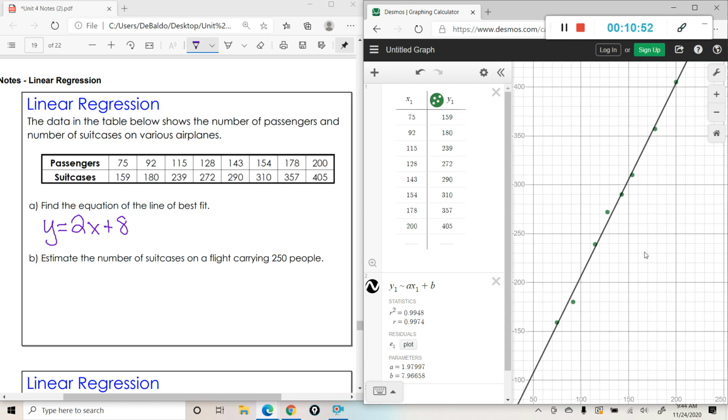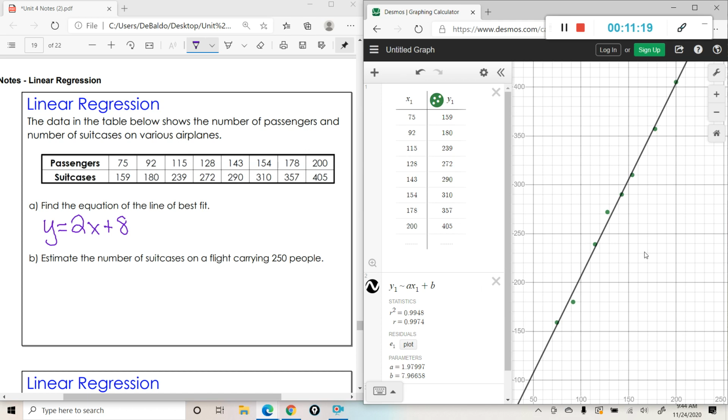Now, let's go ahead and use this line to predict a point that's later on. It's a point that's not in our data set. It says here, estimate the number of suitcases on a flight carrying 250 people. Do you notice how in the passengers row we don't have 250 people? Well, we're saying if this trend continues, then how many suitcases should be on the flights?